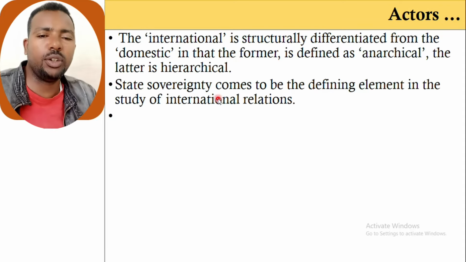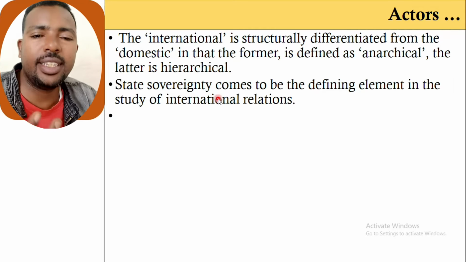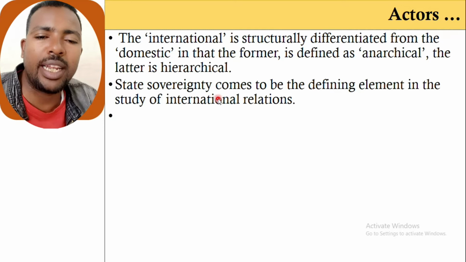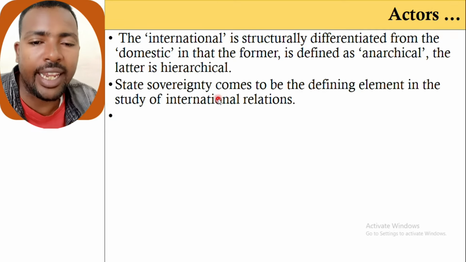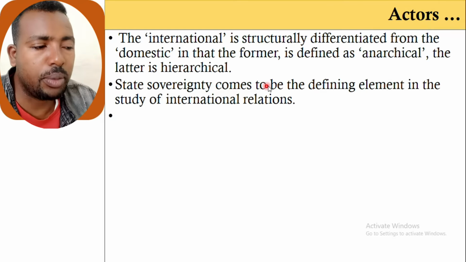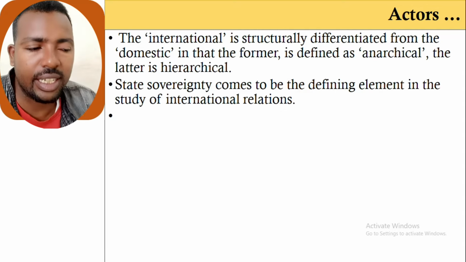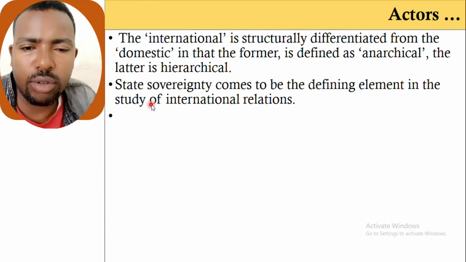States are sovereign. Sovereignty indicates how far states are strong enough to manage their internal affairs, unlike in international politics. State sovereignty comes to be the defining element in the study of international relations. Sovereignty is the ultimate authority of the state.